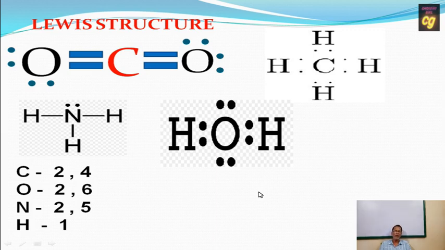This is the Lewis structure of covalent molecules, showing the valence electrons in covalent compounds.